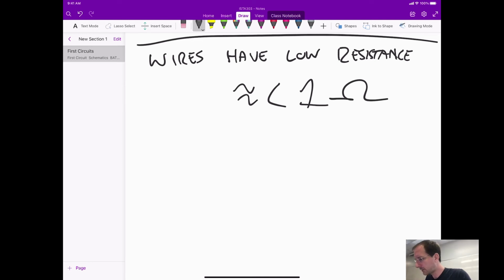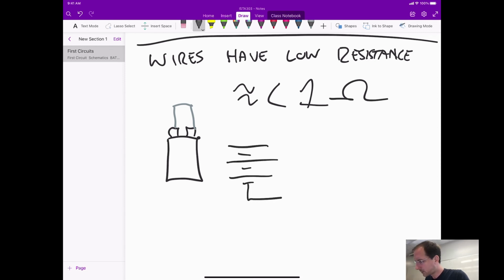So if you imagine having your 9-volt battery here, and you're just literally connecting a wire between the two, you already know that that's bad news, but why is that bad news? Well, again, you're basically doing this, except remember, the wire itself is a resistor, so you can model that as this.